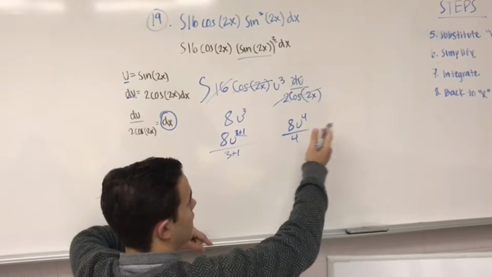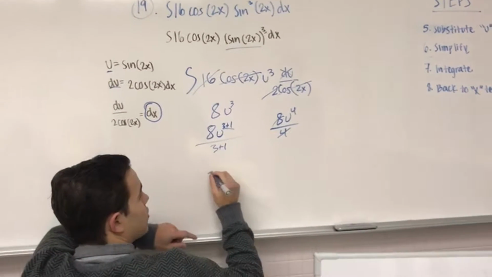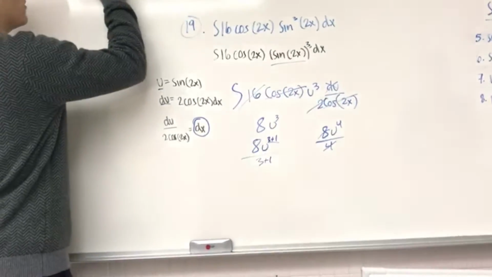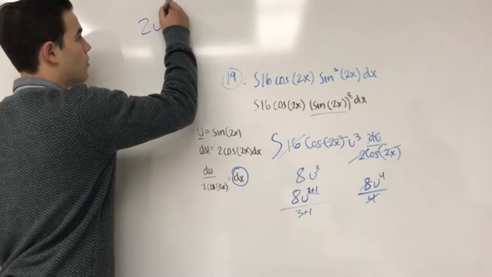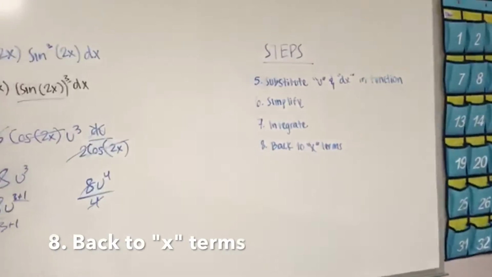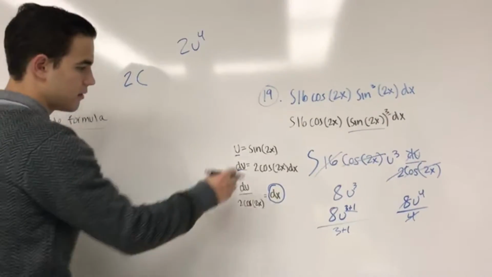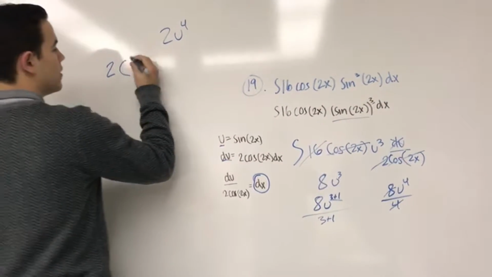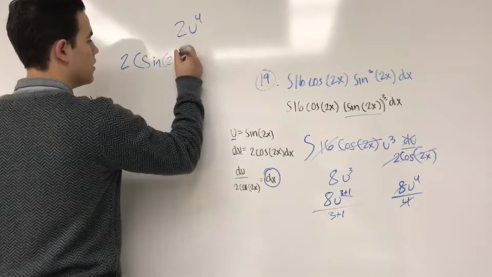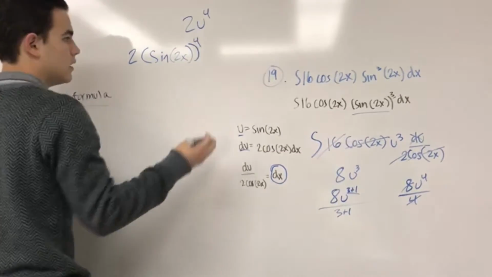As basic rules of algebra, we cancel the 4 and we got 2u to the fourth power. As we left off, we got 2u to the fourth power, and the last step is turning back to the x terms. So 2 times u, which is sine of 2x, to the fourth power, the whole thing.